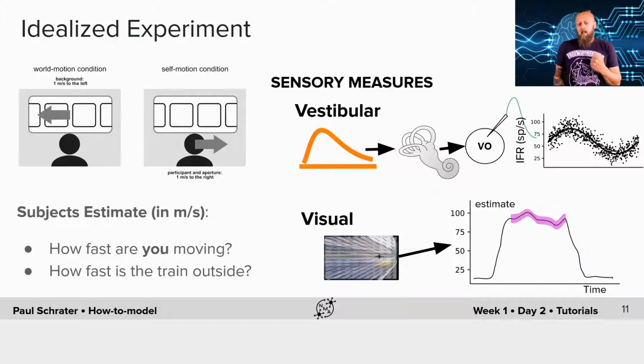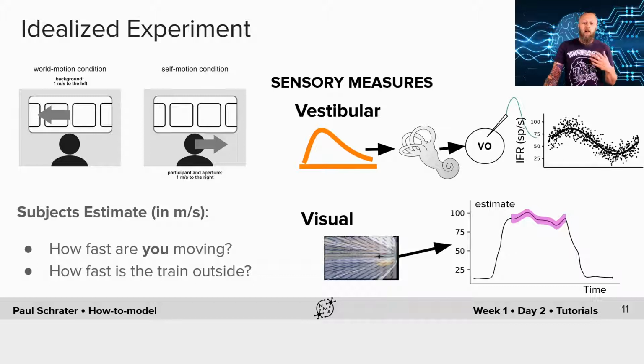Well, if you're moving, there is self motion. And the one way that the brain detects self motion is through the vestibular organs, the inner ear organs that sense the acceleration of our body with respect to gravity or inertia, essentially.